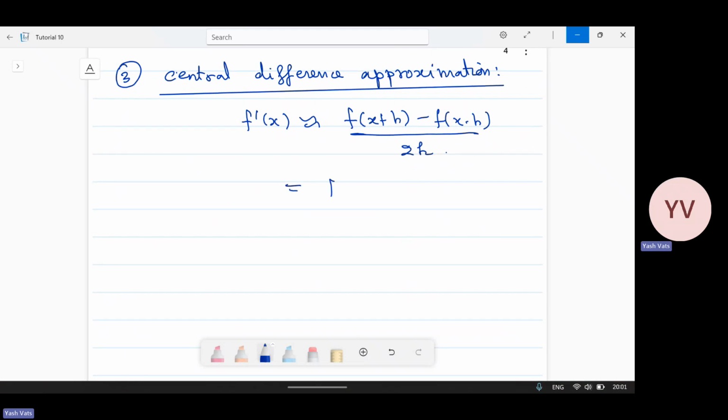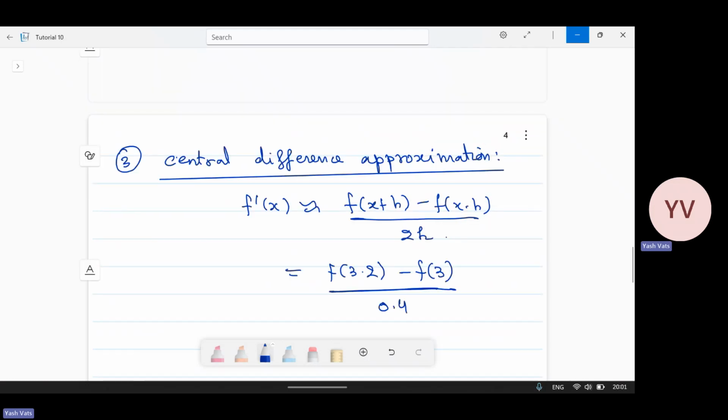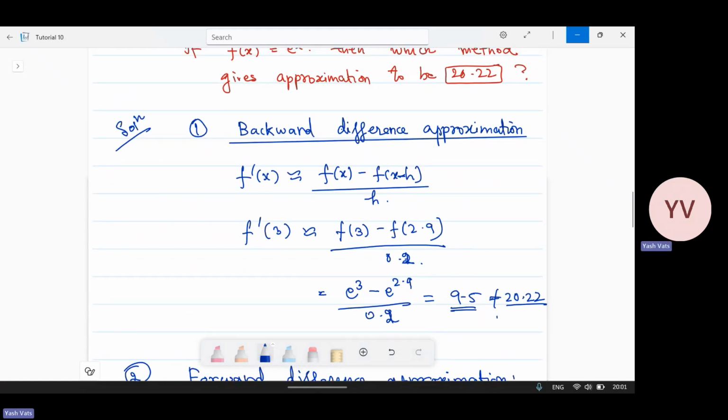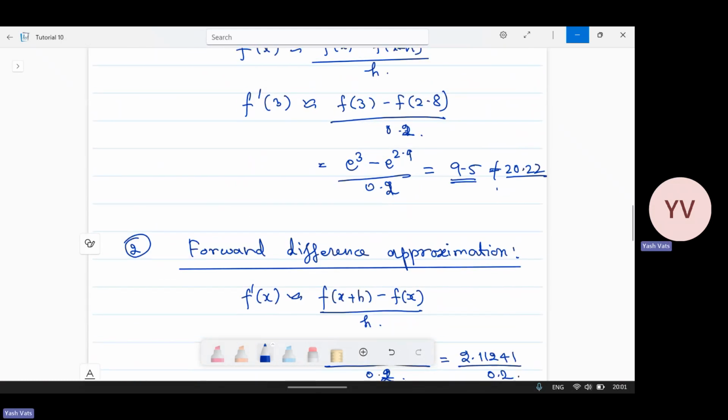So here it is basically f 3.2 minus f 3 on 0.4 because h is 0.2. I was making a mistake there. So you have to take 3.2 here. We need to do these things again. Let's do that.